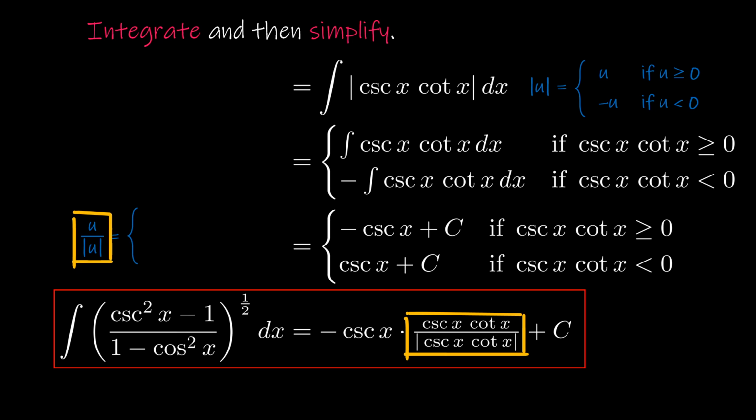It is equal to 1, if the cosecant of x times the cotangent of x is greater than or equal to 0, or it is equal to -1, if the cosecant of x times the cotangent of x is less than 0. Finally, verify the indefinite integral by differentiation.